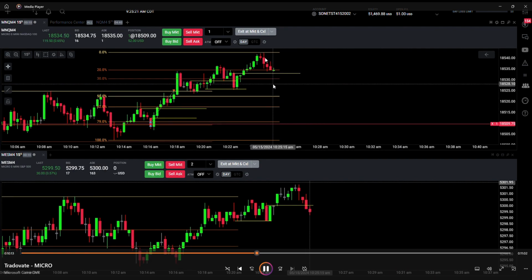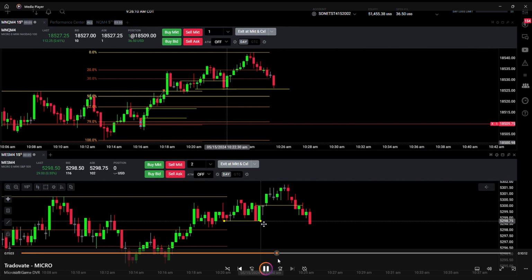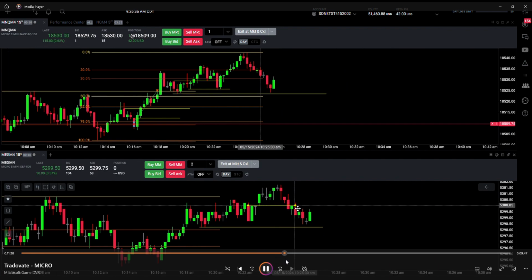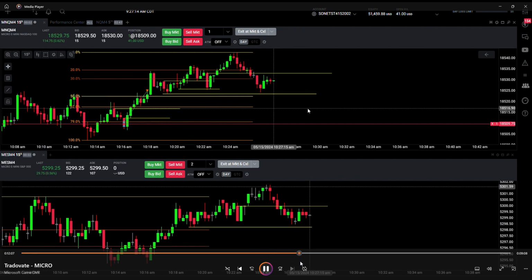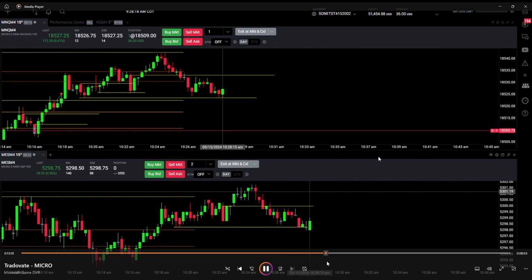Goes up, creates another high, is coming back down into the 23rd level again. Breaks down, almost gets to the 50. Breaks down again.